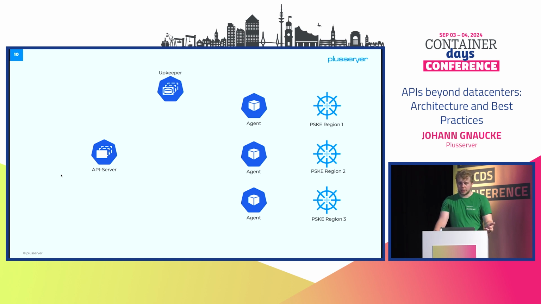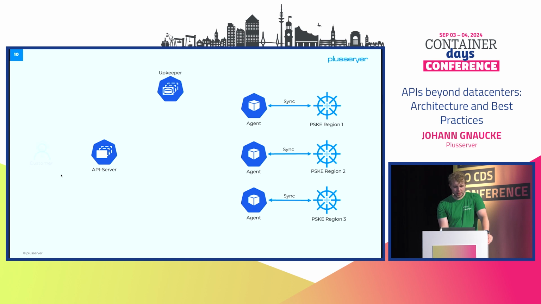The agent's target is to sync the API state, which the API server is persisting into the database, with the actual PSKE. We have our own API, our own model of how a cluster object is structured, and the agent converts this from our own API into Gardener speak, so to say.